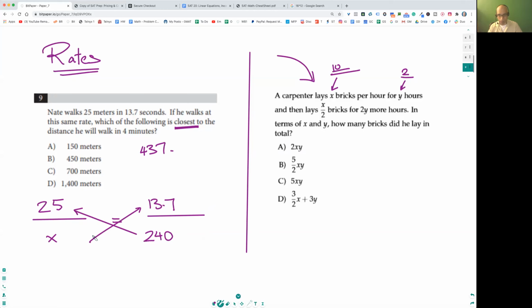Nicely done. So remember cross multiplying. You've got 25 times 240 here, and that's equal to 13.7 times X. So now you take the 13.7 and put it over here, and this goes away because you're dividing. You got rid of this, and now you can calculate this answer.